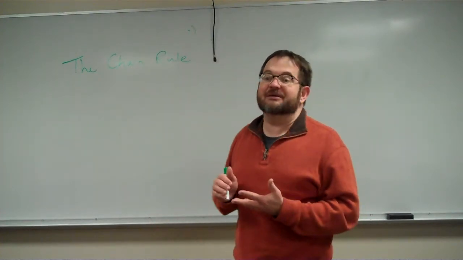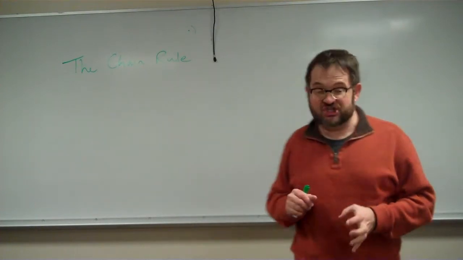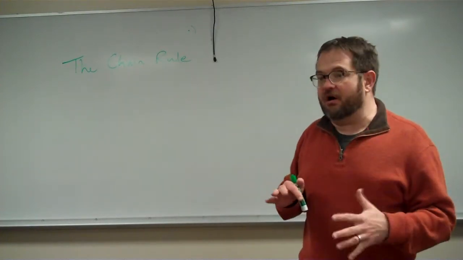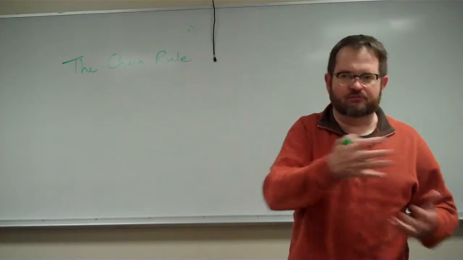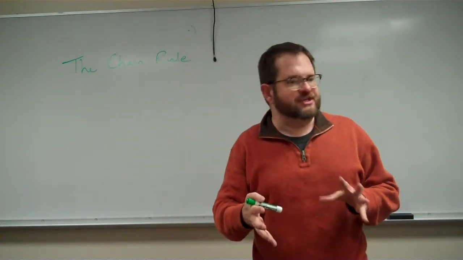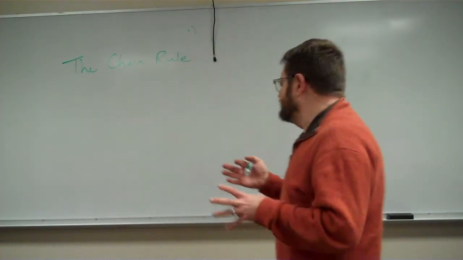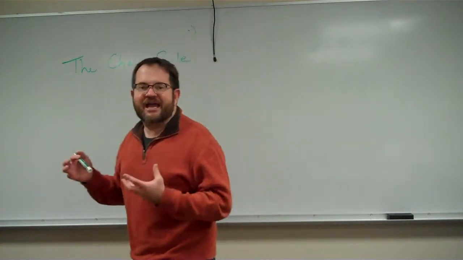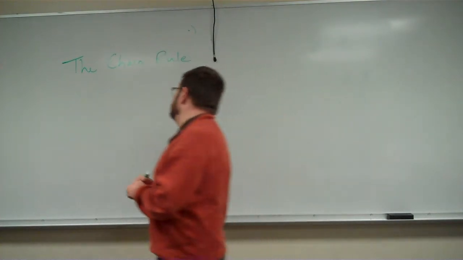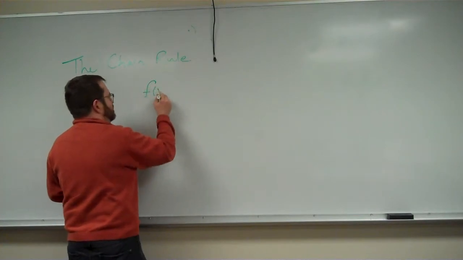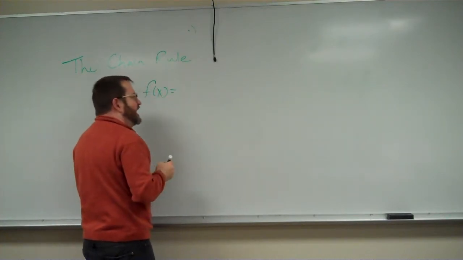So what we're going to do here is I'm going to show you how to solve problems using the chain rule before we take on the mess that is in your book of how we're going to write this down. Let me give you an example of the kind of problem we solve using the chain rule. If you have some kind of function, f of x, that looks like this.